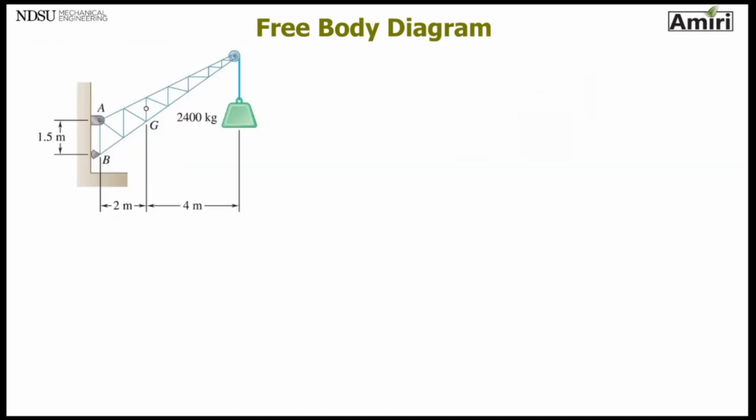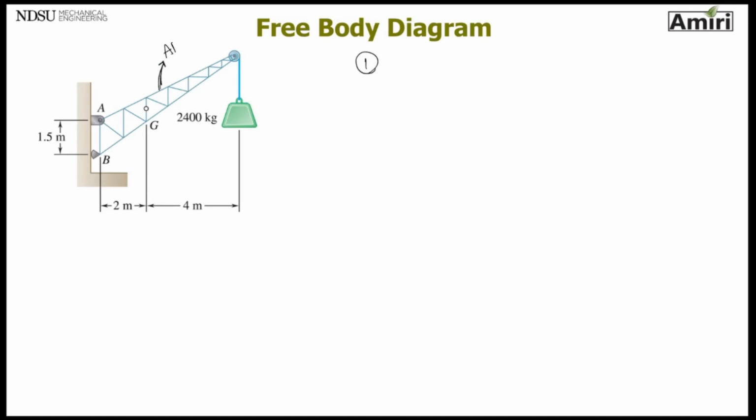Here's another one that I'm going to draw the free body diagram for. So step 1 of free body diagram is isolate and draw outline of the shape. I'm going to draw outline of this whole crane arm, whatever it is called, AB.